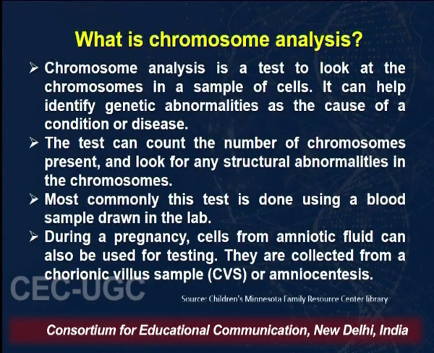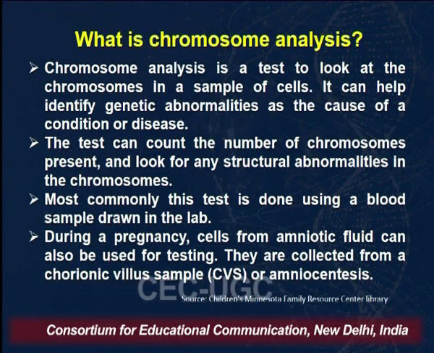Now, chromosomal analysis plays a very important role nowadays. Chromosomal analysis basically means that the scientists or lab technicians look for the chromosomes in the sample of cells which they have collected from the person or the patient, and then they start identifying the genetic abnormality which can be present in that particular sample.